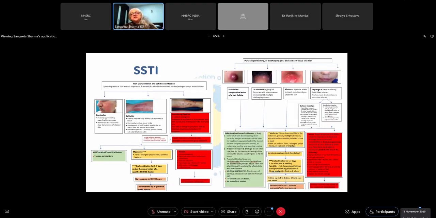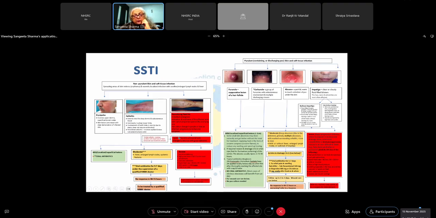Another area is skin and soft tissue infections. Again, you have purulent infections, non-purulent infections. You have to look at whether it is localized or widespread. Then, of course, if it is non-purulent like cellulitis, erysipelas, you need antibiotics.